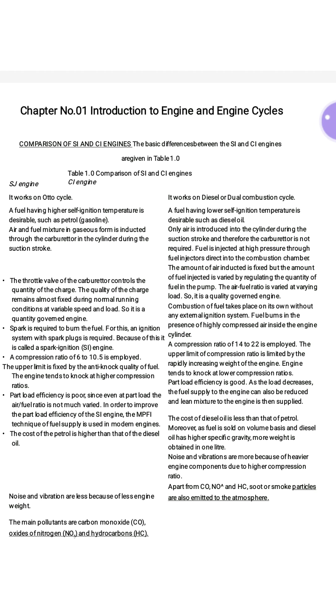Next, in an SI engine, noise and vibration are less because of less engine weight and the lower compression ratio. In a CI engine, noise and vibrations are more because of heavier engine components and the higher compression ratio.